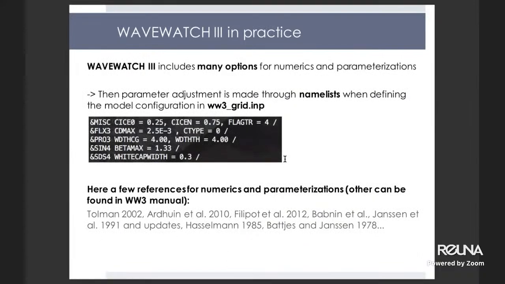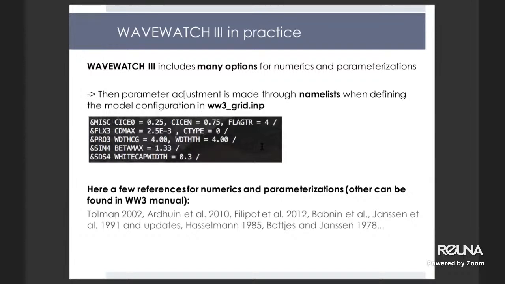Then there are still parameter adjustments that can be made, and this is made through namelists. So this is after compilation. When you want to use a model, you can set up a few parameters, as it's done in CROCO, for instance. And this is done in a namelist file that is named ww3_grid.inp.